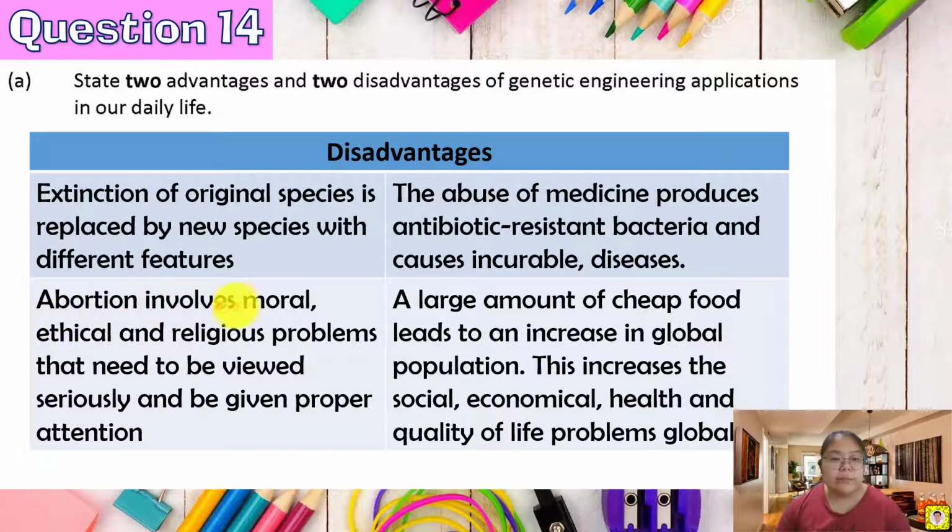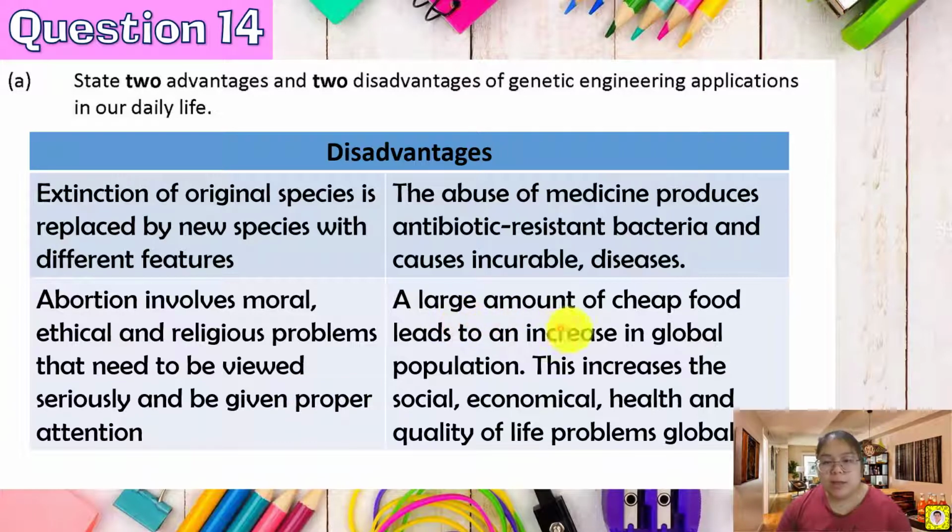Okay, absorption involved the moral, okay, the ethical and also the religious problems that need to be viewed seriously and also must be given the proper attention. Okay, example, you are more over the genetic engineering, that means the moral, ethical, and also the religious problem that we produce. Okay, important is the teenagers.